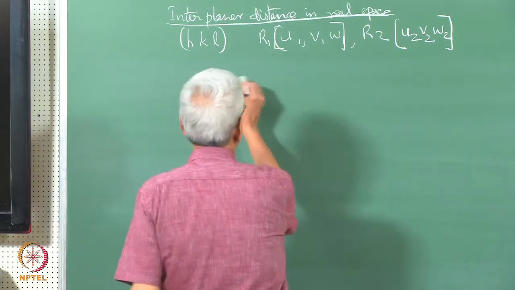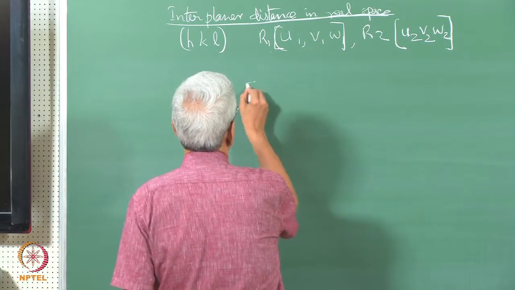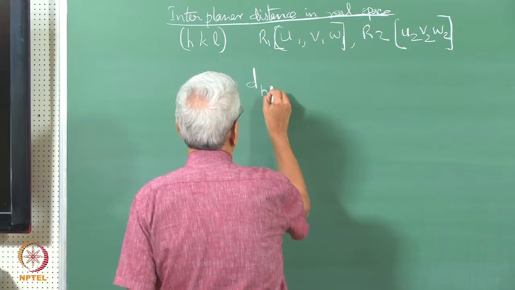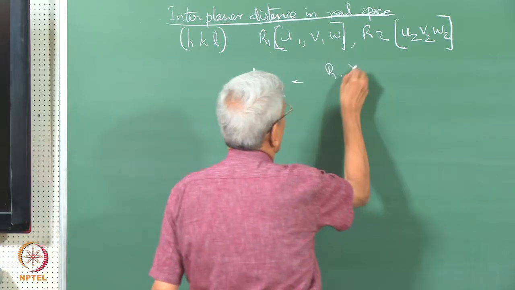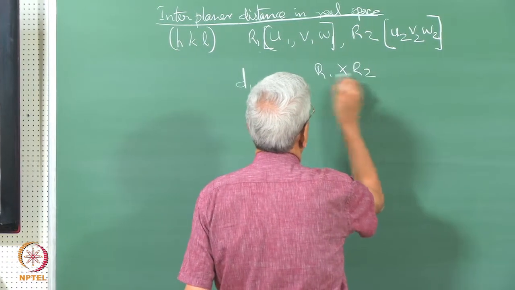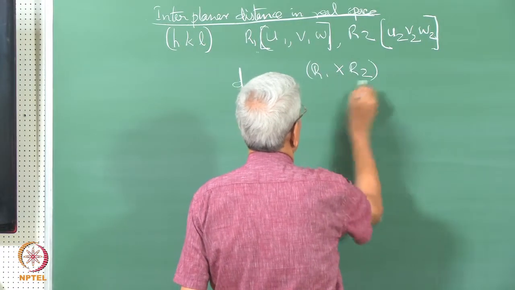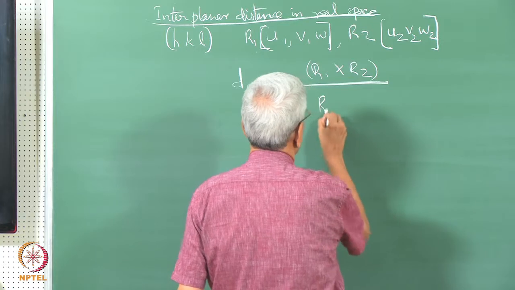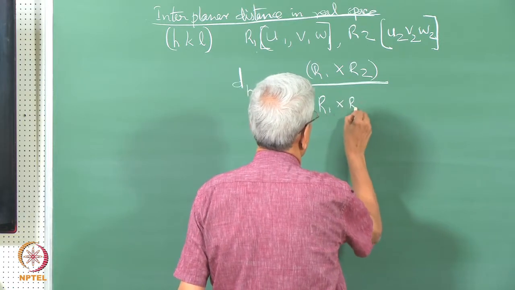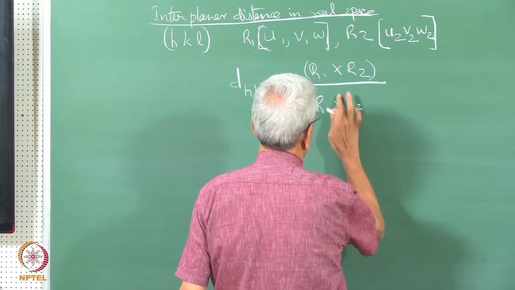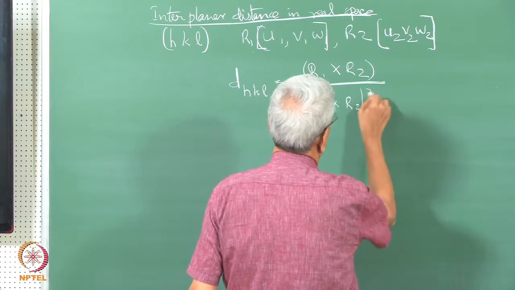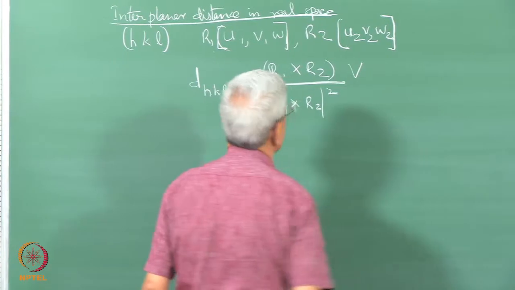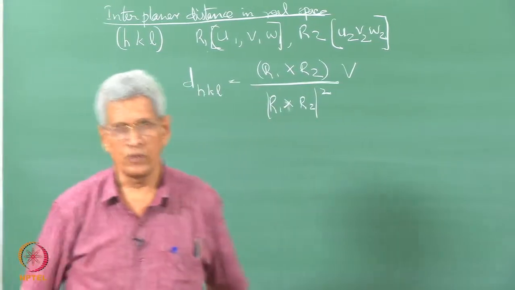So, suppose I wanted to find out DHKL, that will essentially turn out to be R1 cross R2, divided by the magnitude of R1 cross R2, the whole squared, into V, the volume of the unit cell.